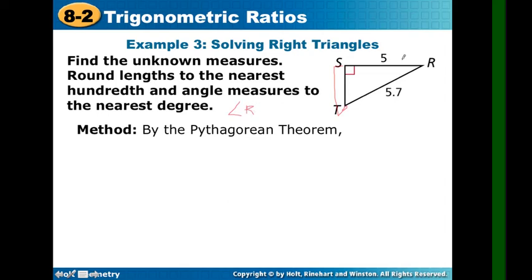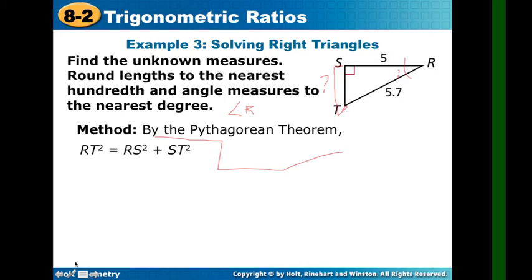Ano ang measurement nito? So we're looking for the measurement of this one and of this one. Okay, so dalawa. So for the first one, we're looking for the length of ST. So we will use the Pythagorean theorem. I'm sorry. And then for this one, we have RT squared.